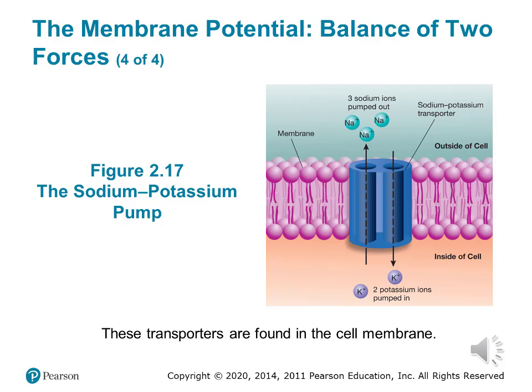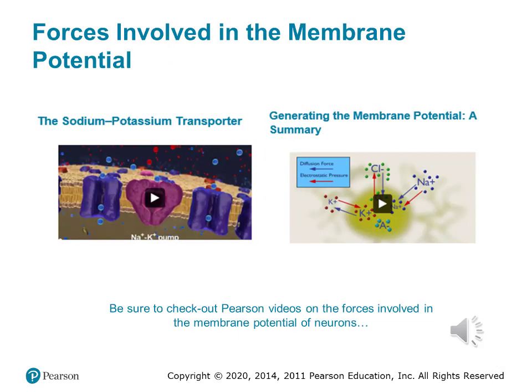It continuously pushes sodium ions out of the axon and thereby consumes 40%, almost half, of a neuron's metabolic resources. Be sure to check out the simulations, again, provided by your textbook publisher on the sodium-potassium transporter, and also an overall view of the membrane potential.